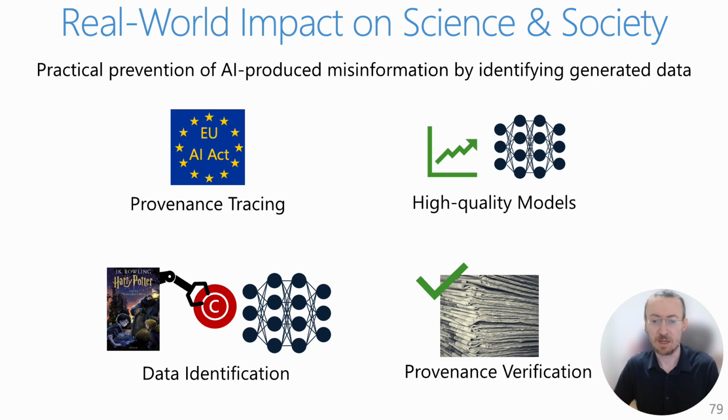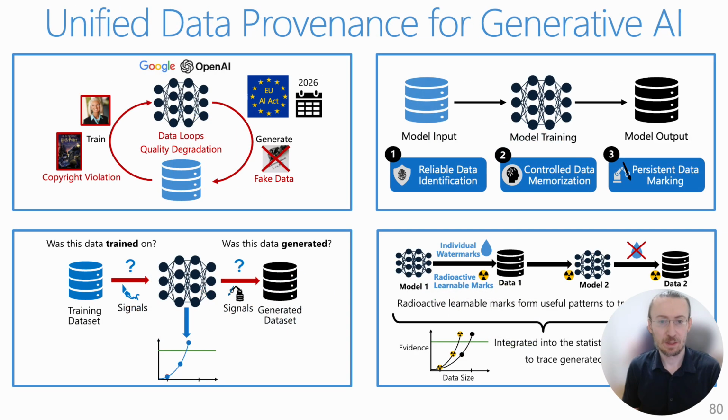By tracing the provenance of the given content, we can verify where it comes from, and then have some understanding of how much we should trust it. So in short, the goal is to provide practical data provenance tracing in the era of generative AI. With that, thank you.